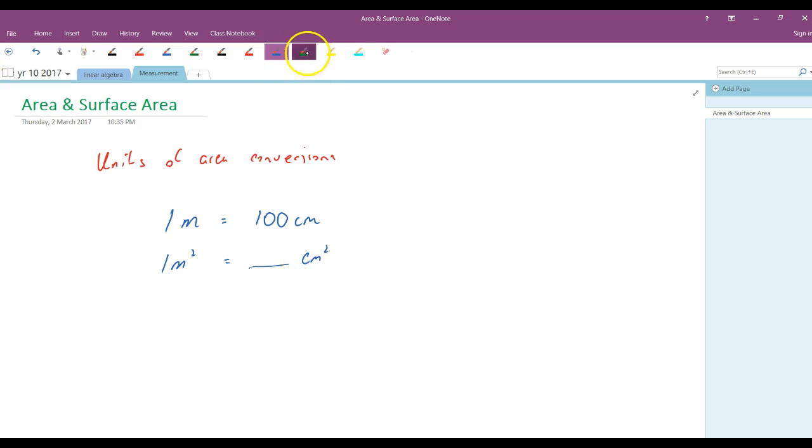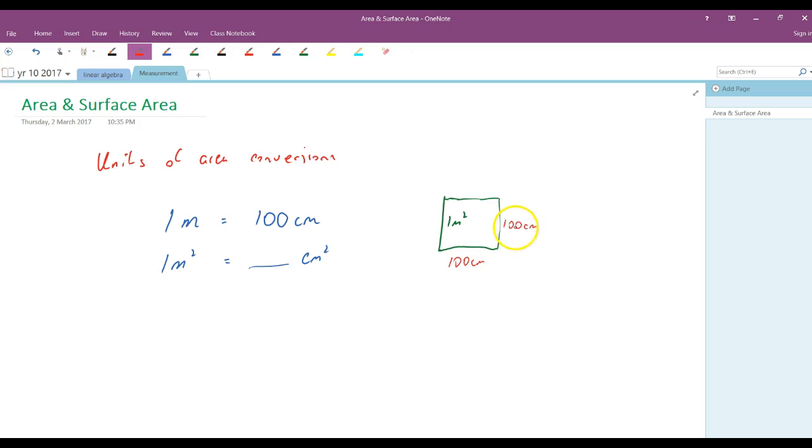Give this a little thought, and it's always good in these situations with all these conversions. I'd encourage you just to draw a little square and say, all right, 1 meter by 1 meter, that's my 1 meter squared. But if I want it in centimeters squared, I'll change that to 100 centimeters by 100 centimeters.